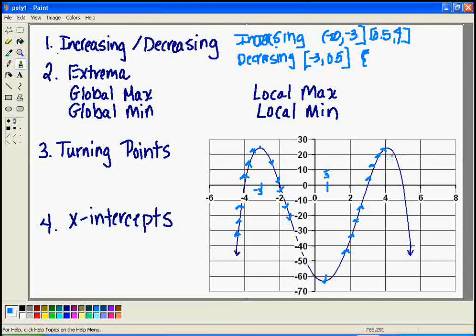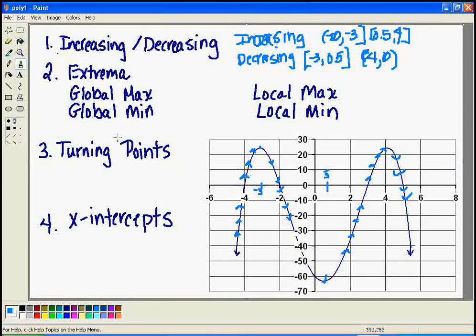And finally, the last interval, I'm walking downhill, so I'm starting at 4, going to infinity, and I am decreasing. All right, so when you're going uphill, you're increasing. When you're going downhill, you're decreasing, and you're just reading off the corresponding x values where that's the case.